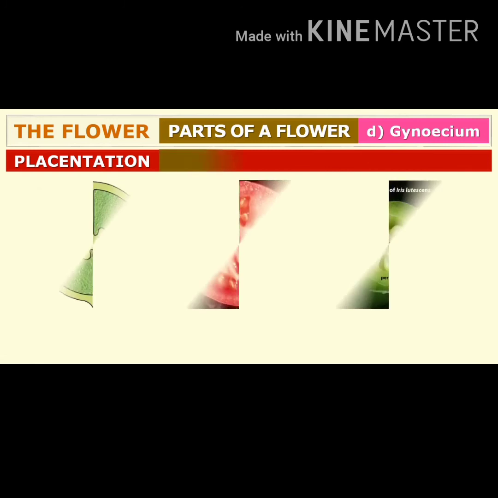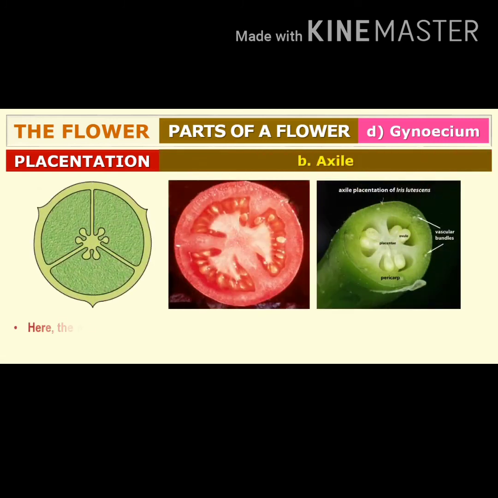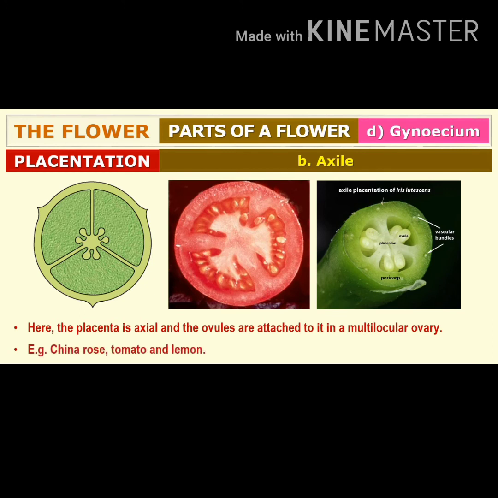Next comes axial placentation. In axial placentation, the placenta is axial and the ovules are attached to it in a multilocular ovary. Example, China rose, tomato and lemon.